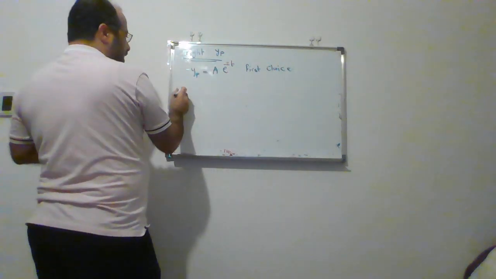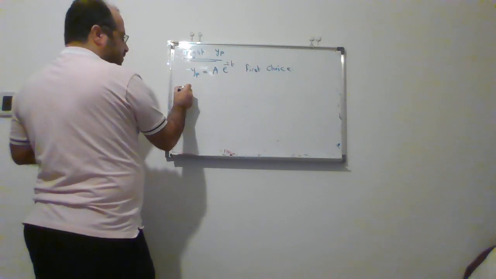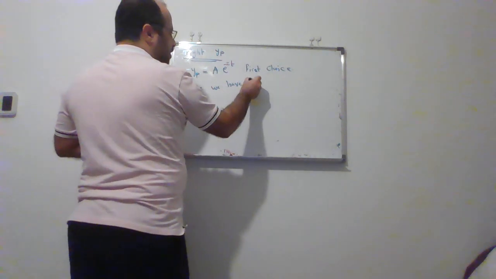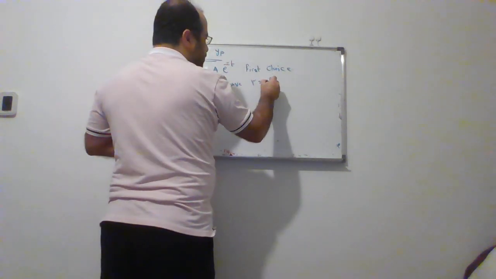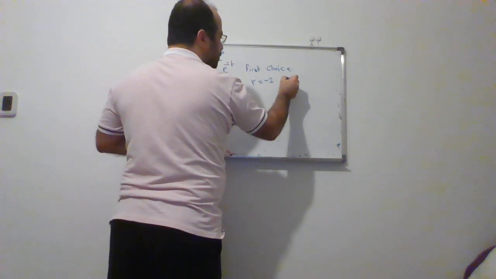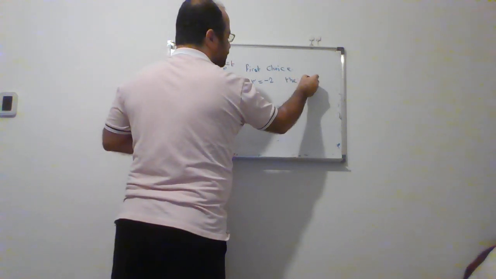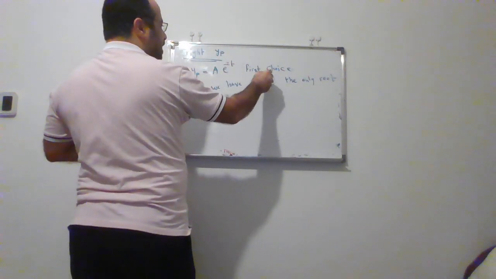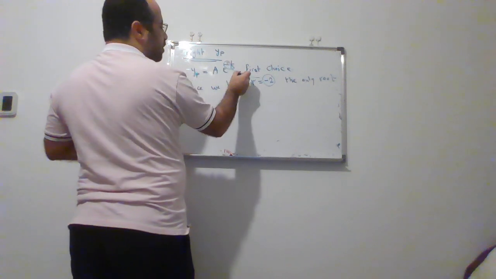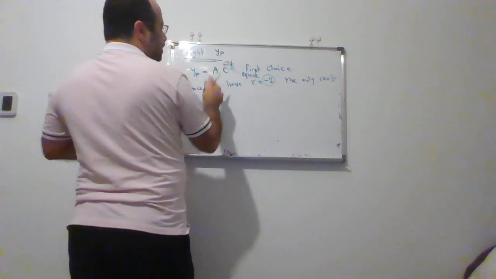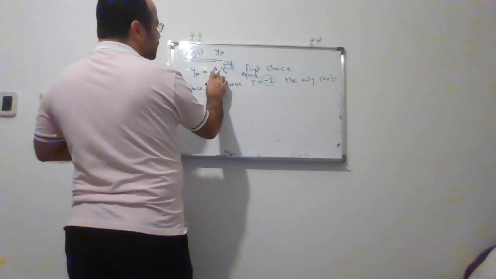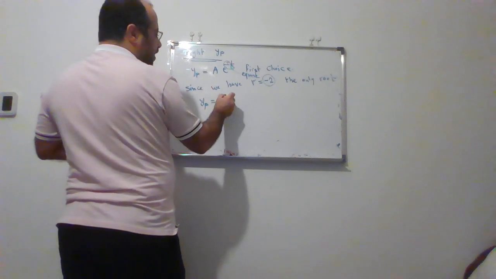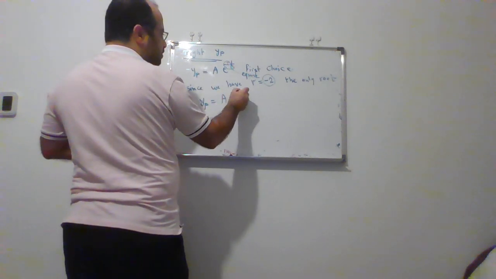Now, since we have one root, r equals -2, and it is the only root for the quadratic, and there is a match here, then because it is one root, you need to multiply by t squared. Then y particular is a times t squared e^(-2t).